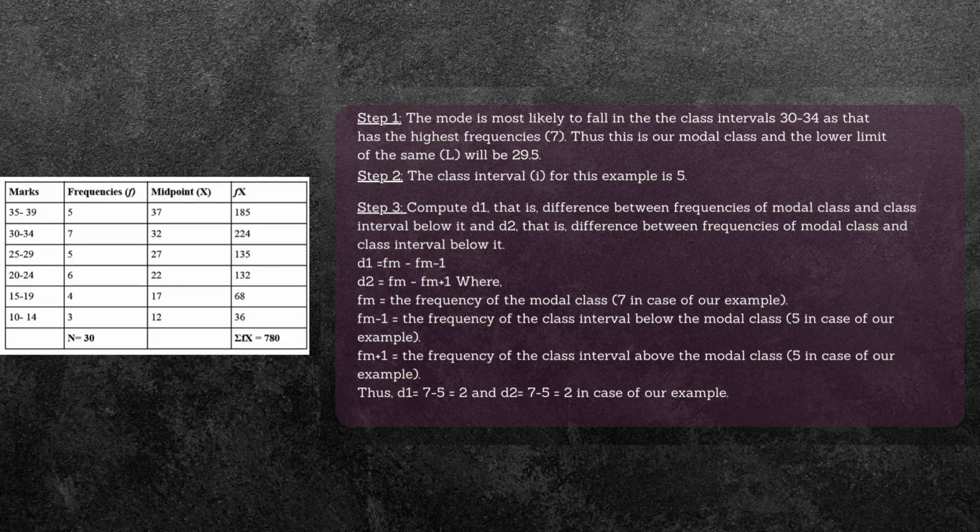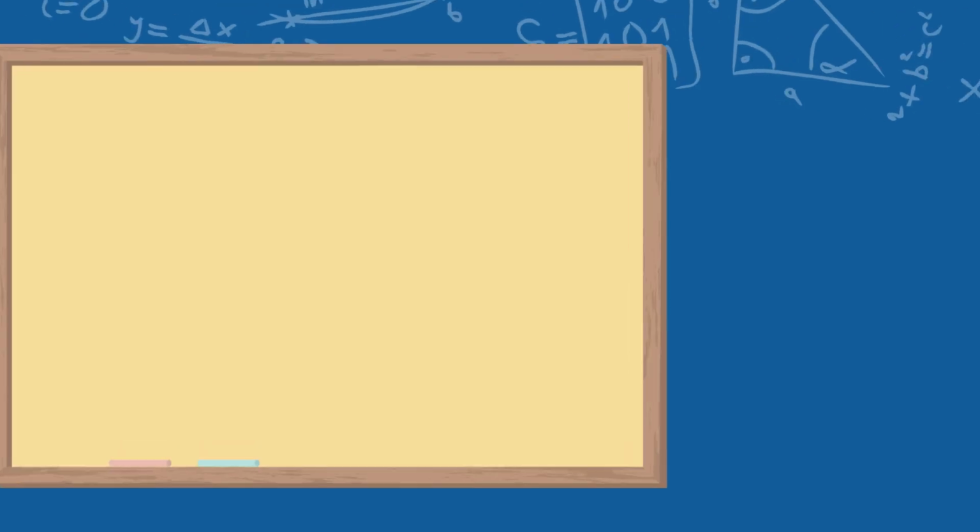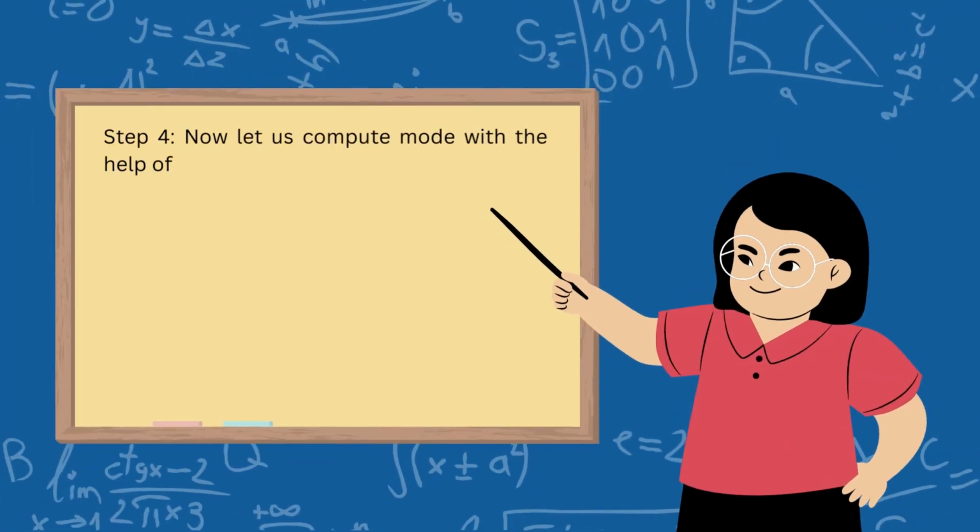So let me put these two scores into the mode formula. L is the lower limit, which we have already discussed, in this class interval 30 to 34. The exact lower limit would be 30 minus 0.5, which is 29.5, plus D1 divided by D1 plus D2.